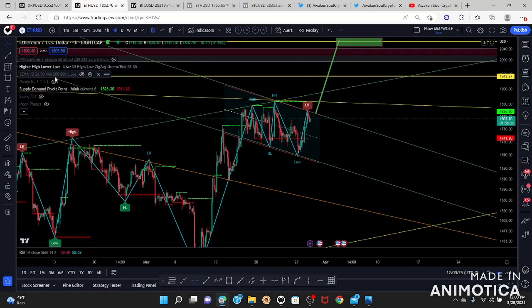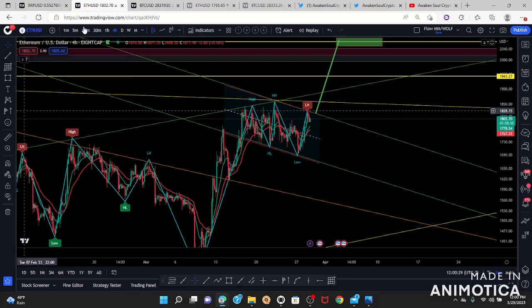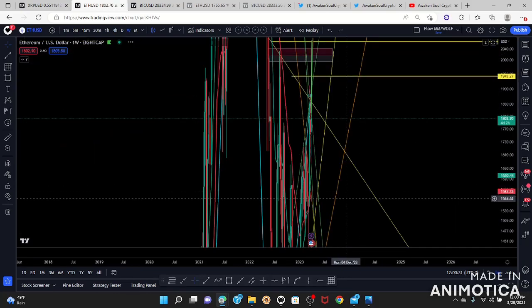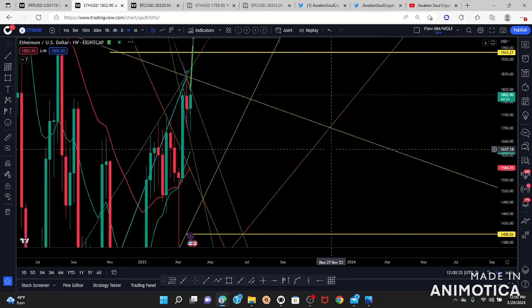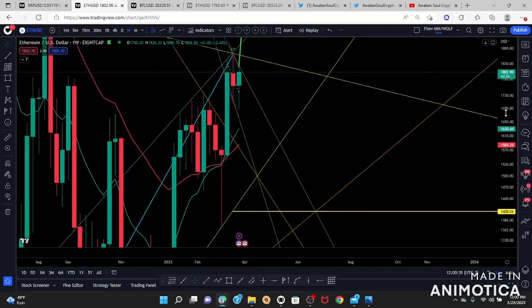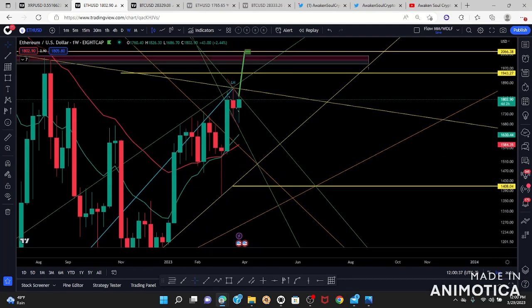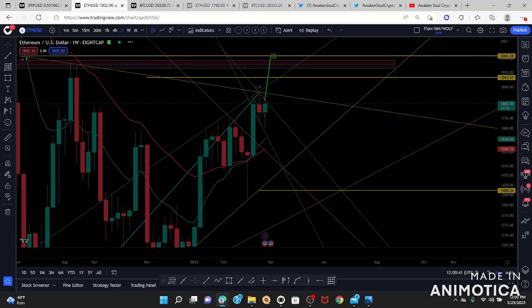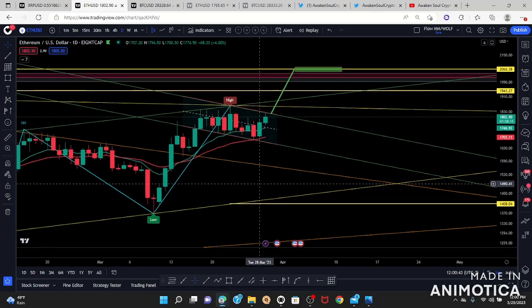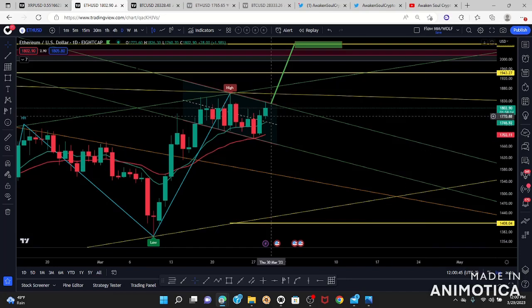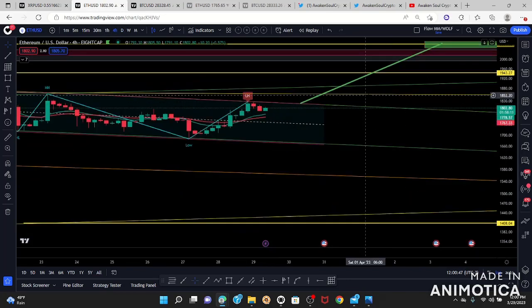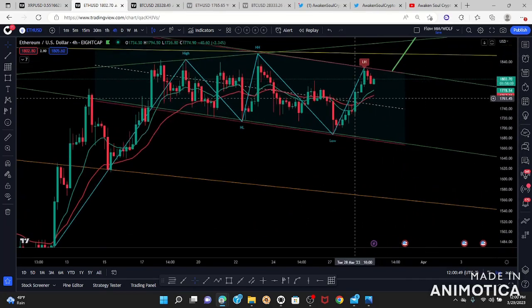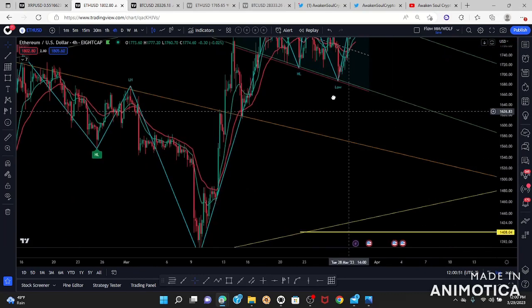I'm going to turn on my 12 and 26 EMAs. It's important to view them as I trade with the flow. On your weekly, we're bullish as price action is above 12 and 26. Daily, we're bullish as price action is above 12, 26. 4 hours, bullish, price action above 12, 26.